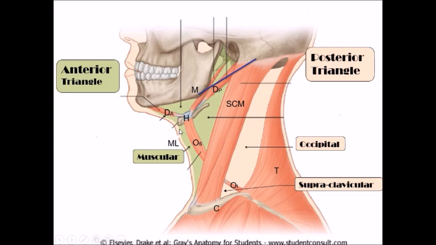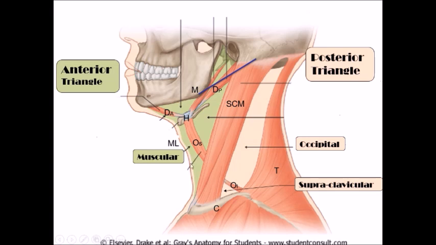The boundaries of this triangle: in the front we have the midline structures of the neck, posteriorly and superiorly we have the superior belly of the omohyoid, and posteriorly and inferiorly we have the sternocleidomastoid muscle. So anteriorly we have the midline, posterior superiorly the superior belly of the omohyoid, and posterior inferiorly the sternocleidomastoid muscle. So this is the muscular triangle.